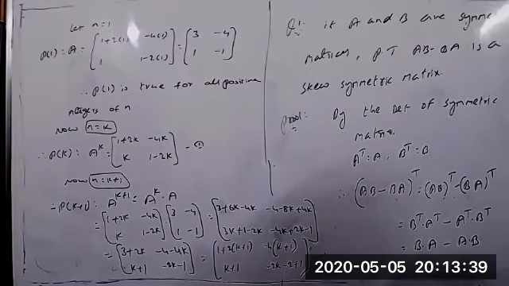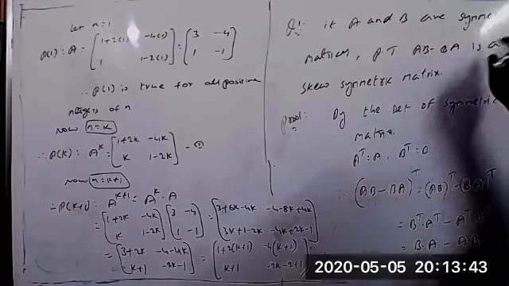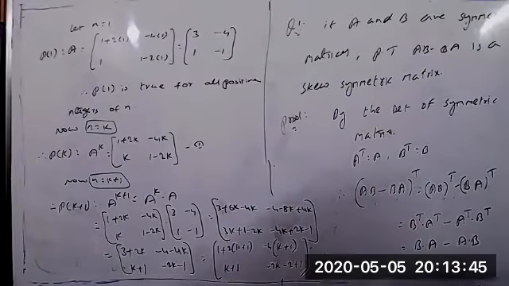But we have to prove that AB minus BA is a skew symmetric matrix. That means we have to write AB first and BA second. So from this you can take minus common. What about the remaining? Minus of AB minus BA.